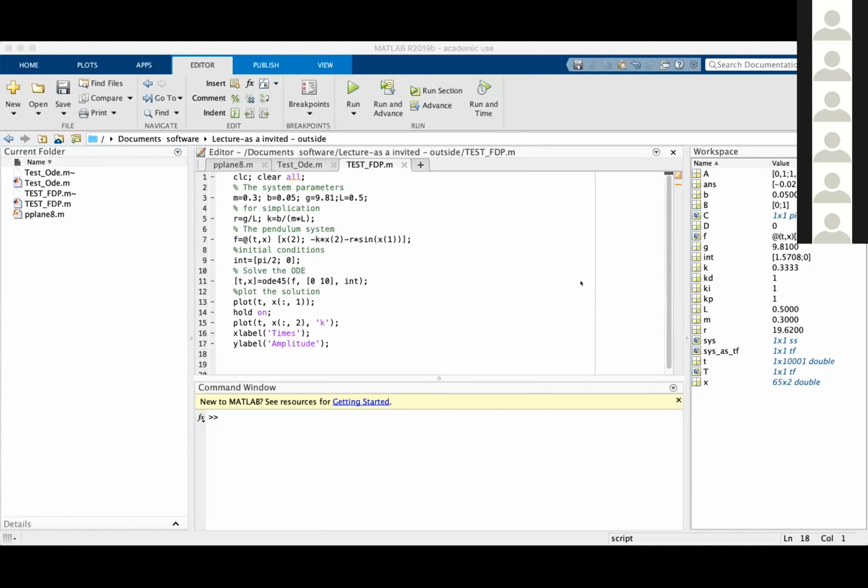Okay, this is the response we are getting, and you can see that the blue one is actually the theta, and the larger overshooting was the theta dot.